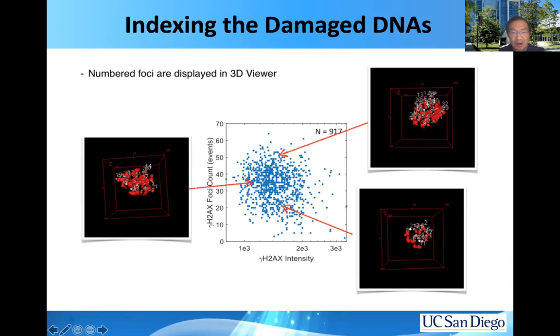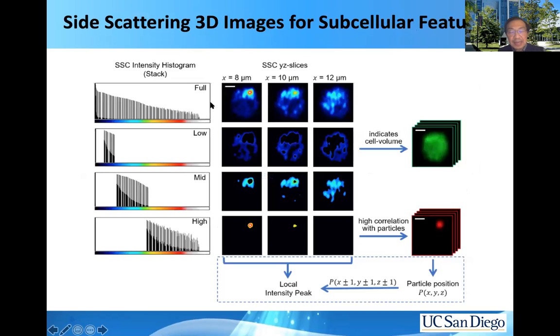Imagine this study can also be done with FISH to understand the RNA or DNA configuration. Here is another example where we study label-free side scattering imaging. This is an entire histogram, but if we define the threshold aided by some machine learning algorithm, low scattering produces an imaging distribution that shows almost the cell body.